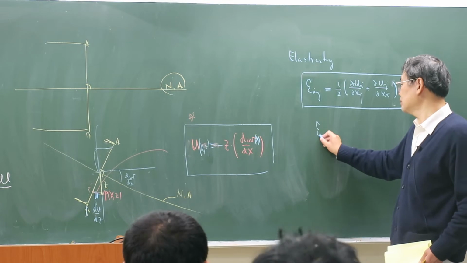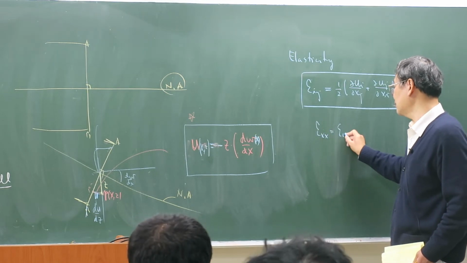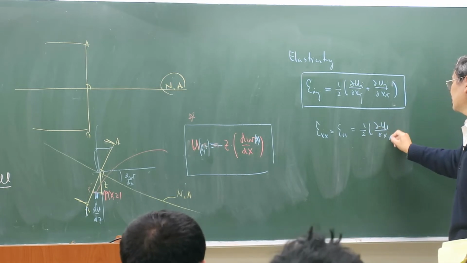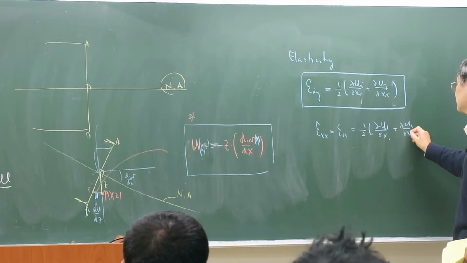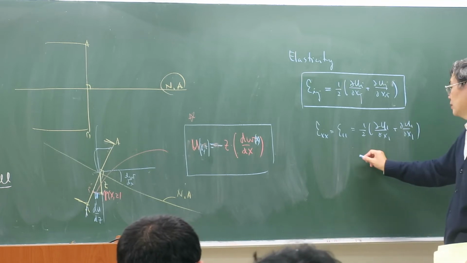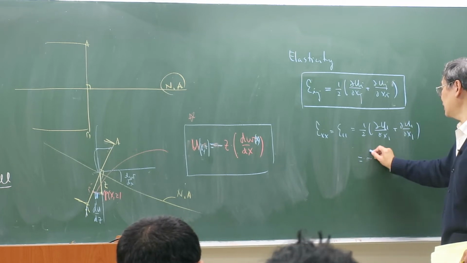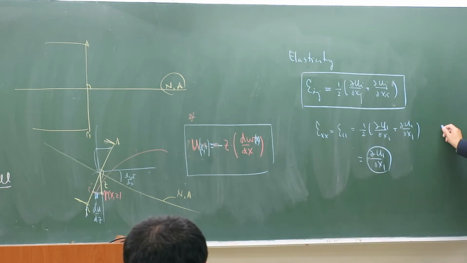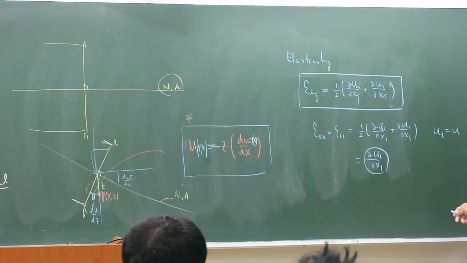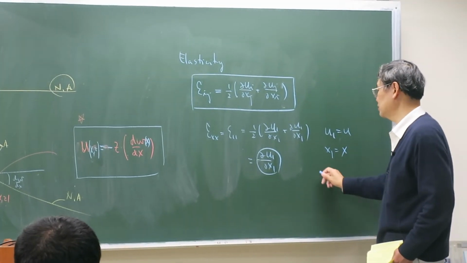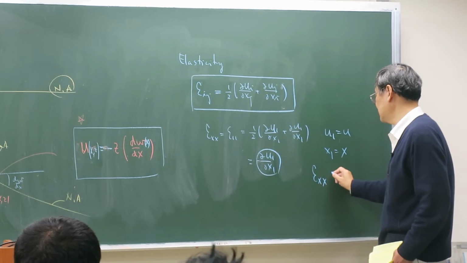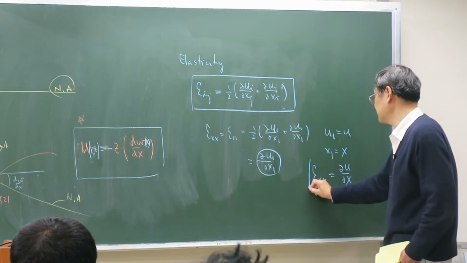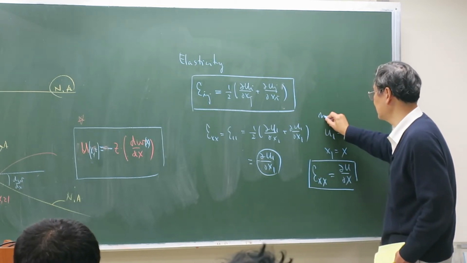For example, epsilon_xx, epsilon_11, will be half of partial u1 partial x1 plus partial u1 partial x1, so half partial u1 partial x1. In beam theory, our u1 is equal to U and x1 equal to x. So epsilon_xx equals partial U partial x in beam theory.